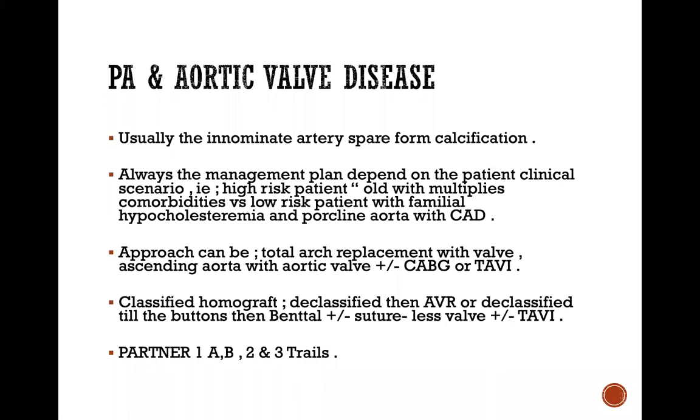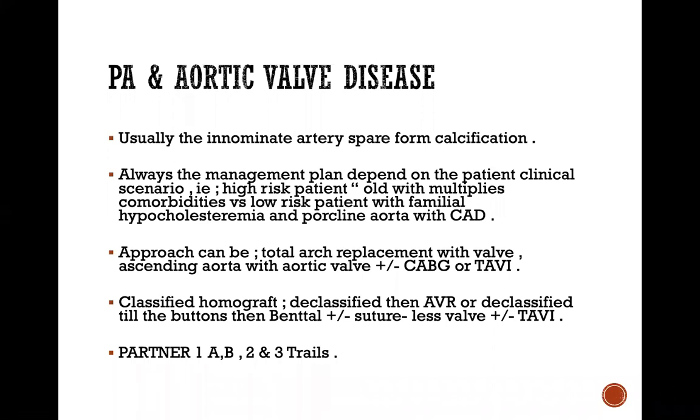Calcified homograft: decalcify, then AVR, or decalcify to its bottom, then Bentall, plus or minus sutureless valve, plus or minus TAVI. All that can be used. Also the sutureless valve is being used off-label in patients with calcified or failed degenerated homograft.